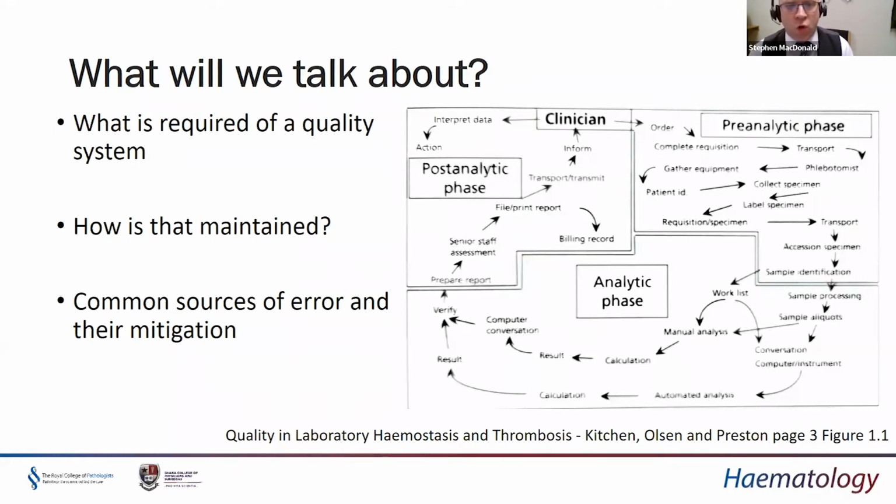But I really want to draw your attention to the fact in this diagram that I'm a laboratorian. I work in a laboratory. I'm a clinical scientist. I like to think of myself as an interface between the clinical and laboratory services. But when I'm talking about quality management and quality engagement in any clinical laboratory, it is absolutely essential that the doctors and the clinicians and the laboratory scientific staff are working together in the same direction.